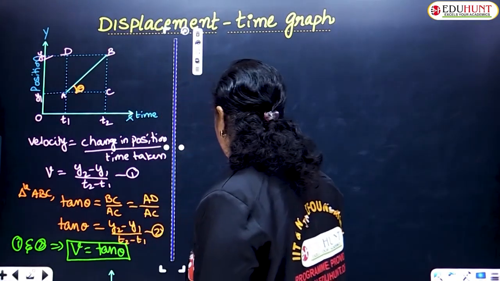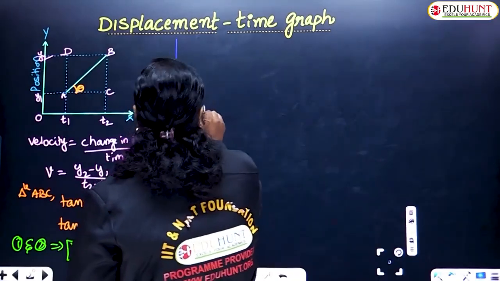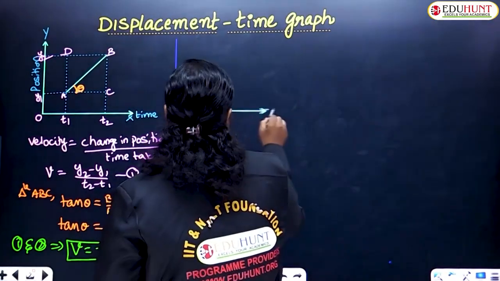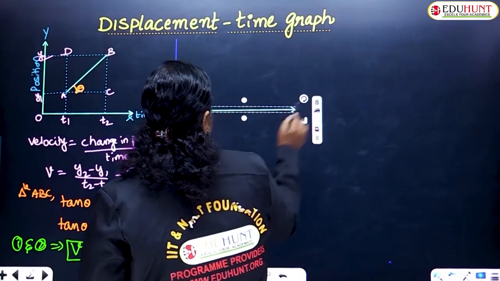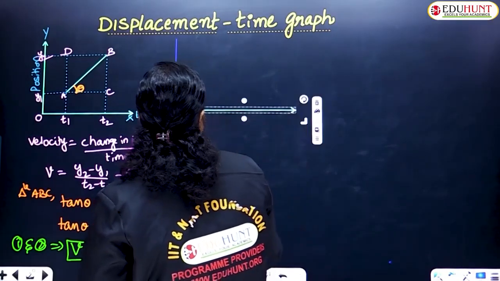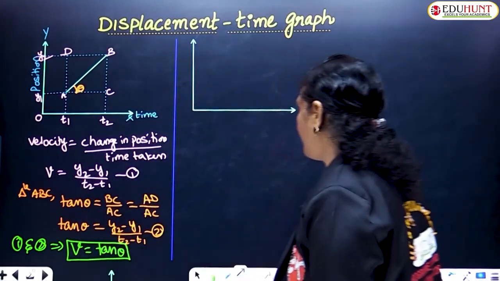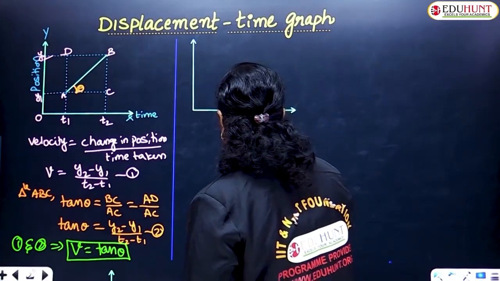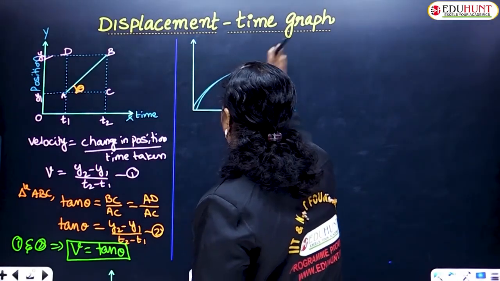Next case, children. Let us observe one more graph. Let us once again consider the x-axis and y-axis. If you observe a graph like this, a curved shape, okay.